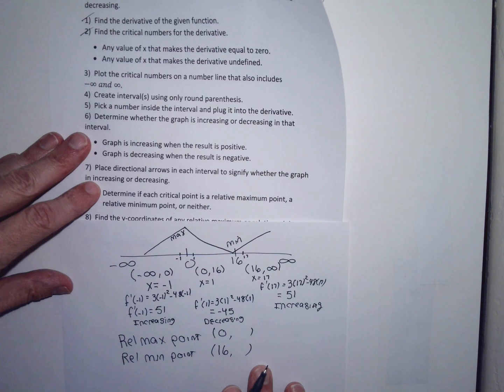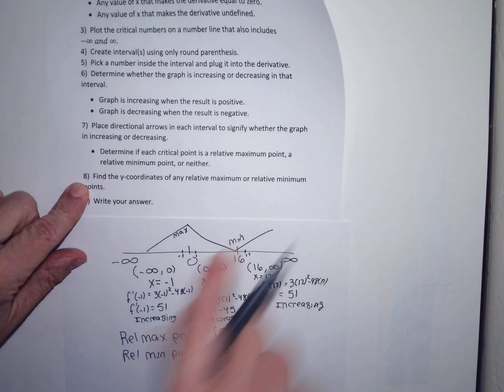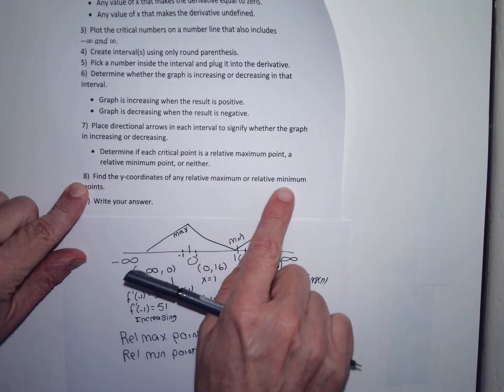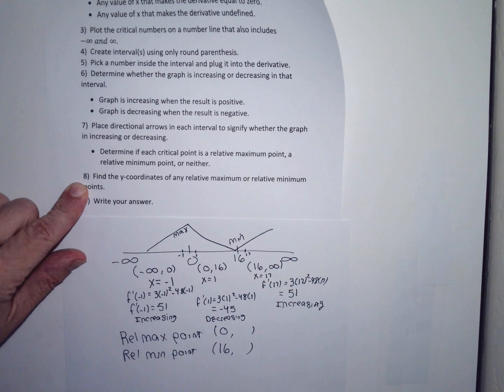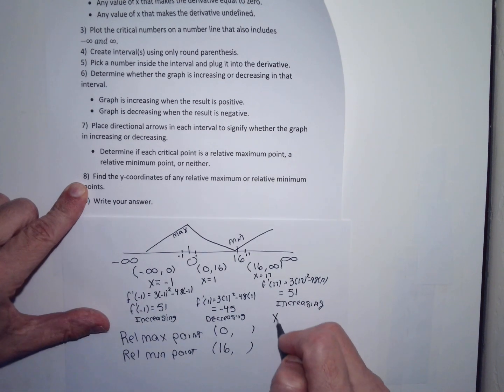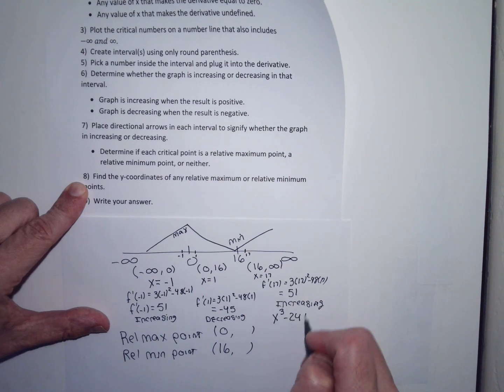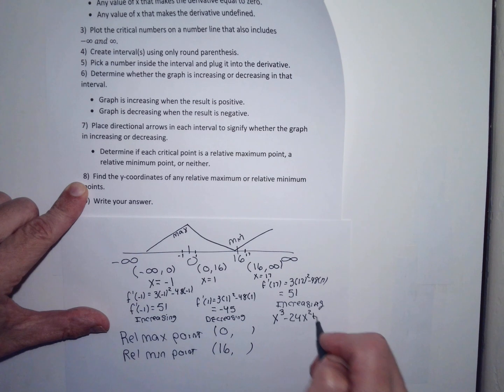So that's kind of where I'm at right now. I've determined that I have the x value of a maximum point and the x value of a minimum point. To finish up, I need to get the y coordinate of the maximum point and the y coordinate of the minimum point, and I get y coordinates by using the original function. In this particular problem, the original function is x cubed minus 24x squared plus 18.